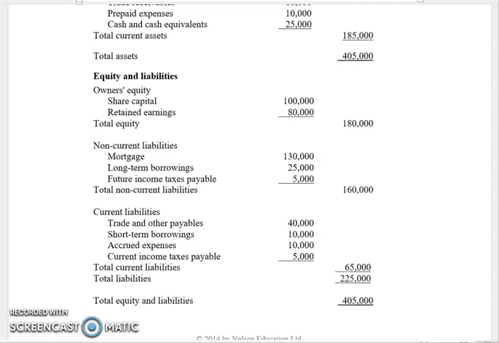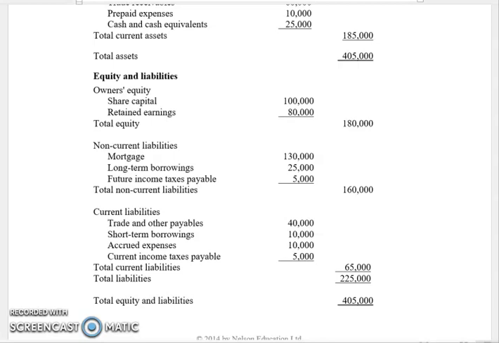Those are earnings from the statement of income that we haven't paid out in dividends to our shareholders, so we've retained them in the company. That right now is a total accumulation over the life of the company of $80,000. So therefore we have total equity of $180,000.